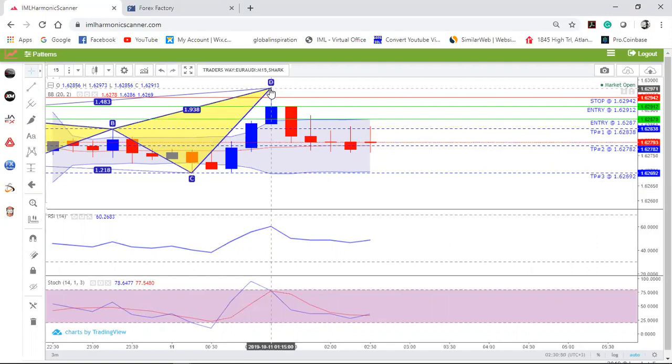So the last digit is the pipette. So for simple math, I'm going to call out the last two numbers. Okay, so at 94, your price is at 94 here. 94 drops to here, which is 91. So 3 pips down, it couldn't hold.